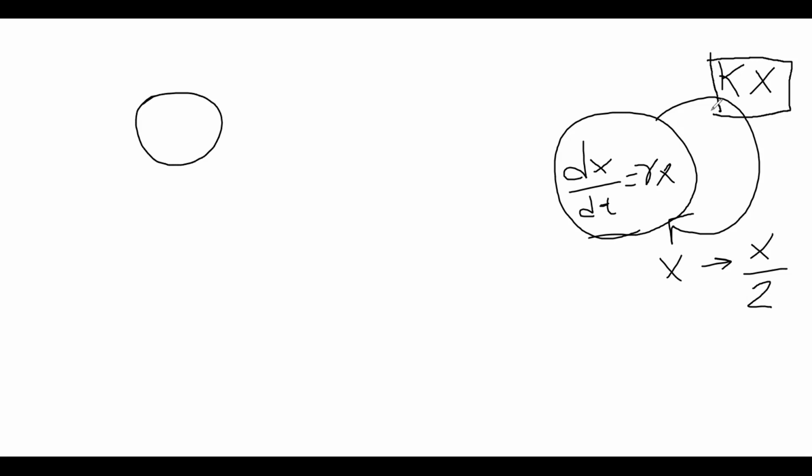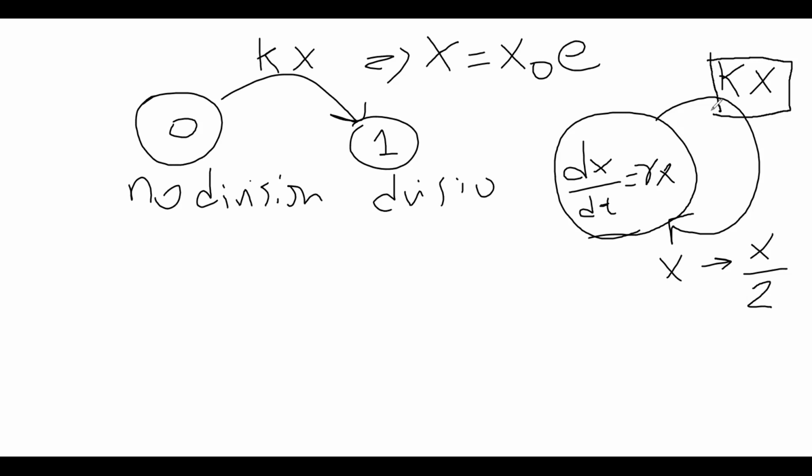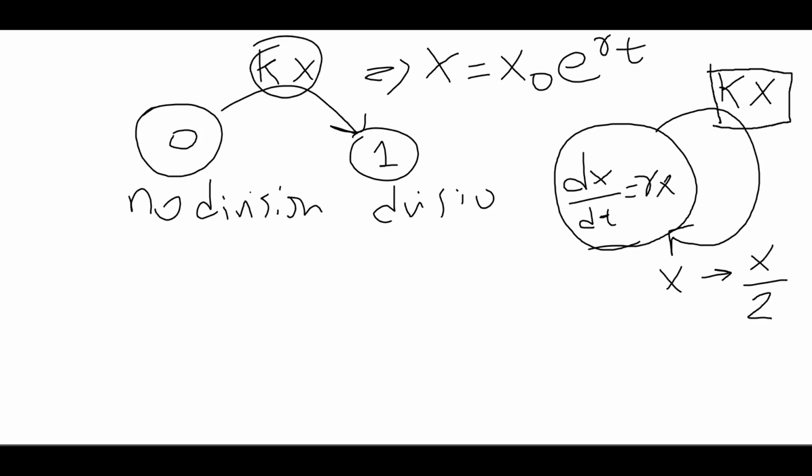Essentially, I'm doing a single step process that jumps from no division to division. And this is occurring at the rate K times X, and X is the solution of this: X is going to be X at time 0 e to the gamma t. So here X depends on time.